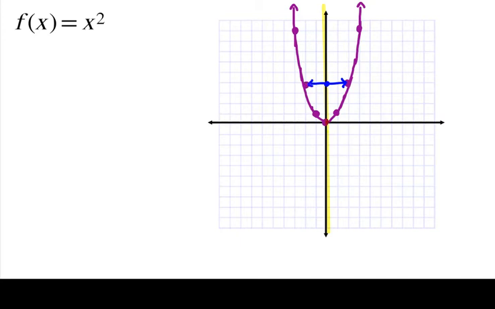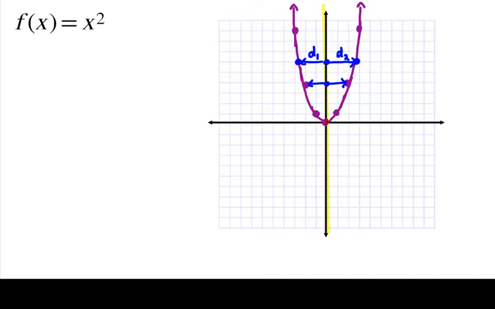So anywhere on the parabola, the distance to the right of the axis of symmetry to a point that will be reflected over, those distances are equal. So D1 equals D2. So that's what symmetric means.